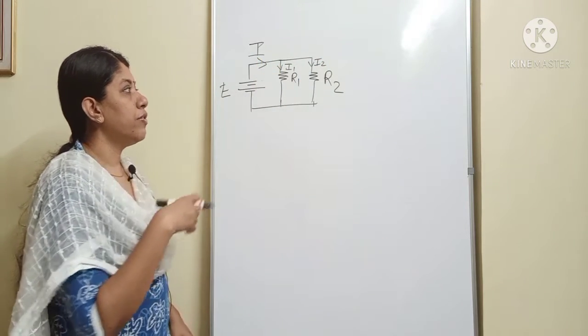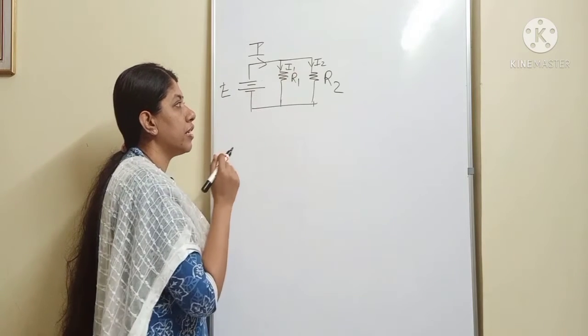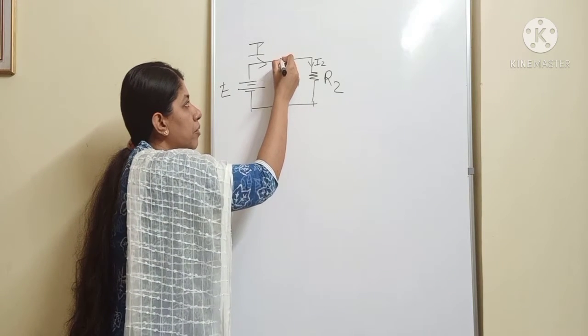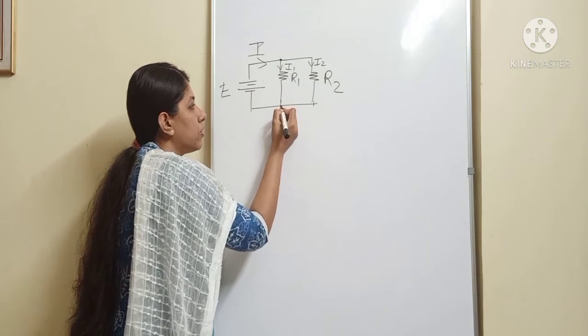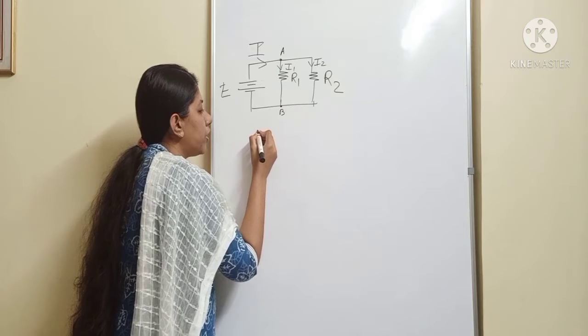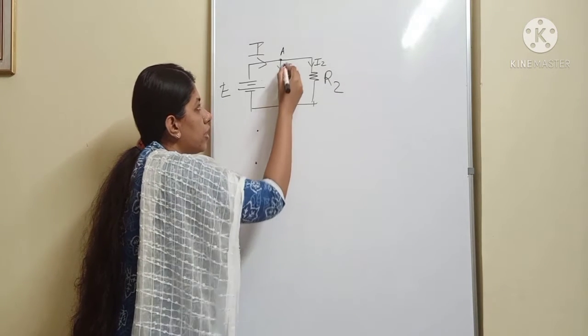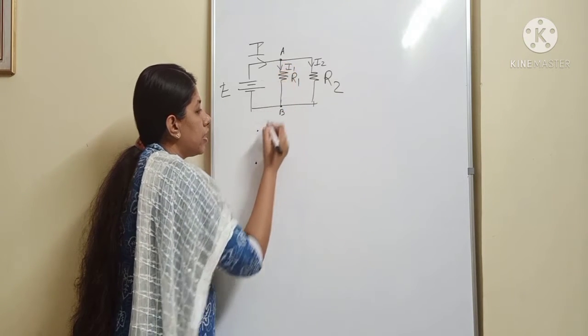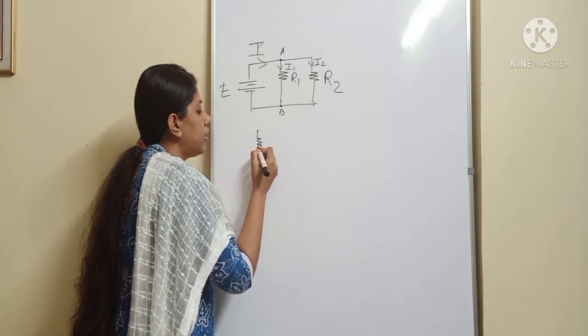So how will you identify how the resistors are connected? If you consider these 2 points, let's name them A and B. So if you redraw like this, you can see that R1 is connected between A and B, right?